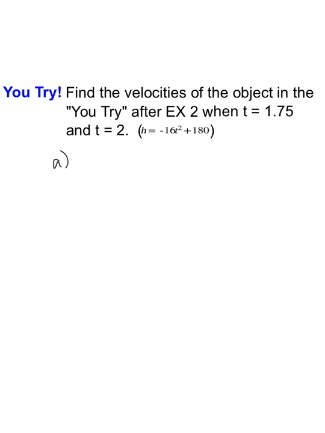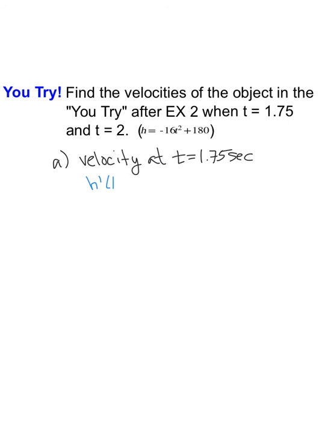All right, so A, we're going to find velocity at t equals 1.75 seconds. So we're going to use our height, and then we're just going to find the derivative. And I'm going to use the same derivative in the next part.